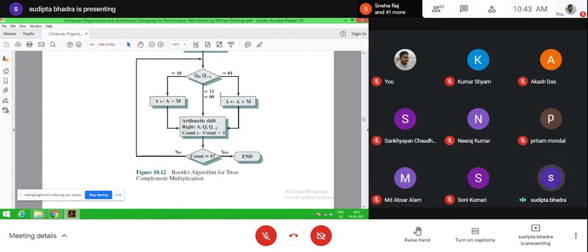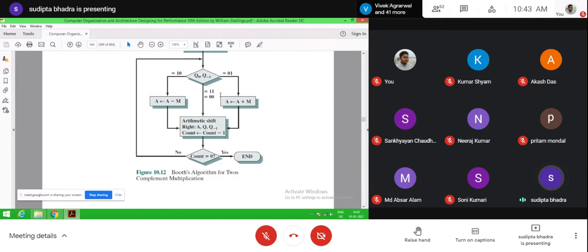The underlying concept is this: every multiplier is nothing but a collection of 0s and 1s, and there are some consecutive ones. For all consecutive ones, we are not going to take every one in our multiplier value.